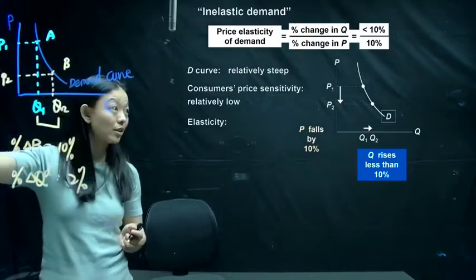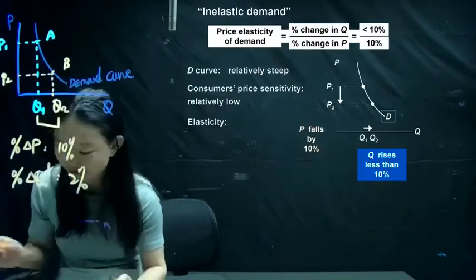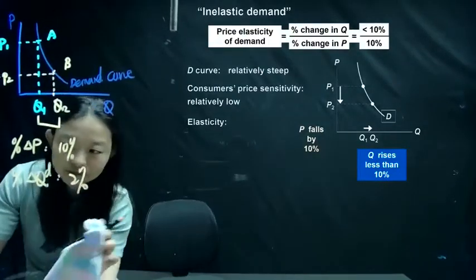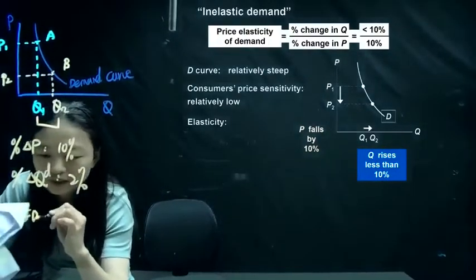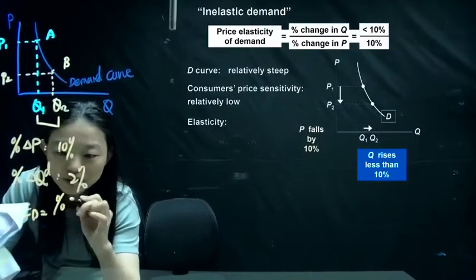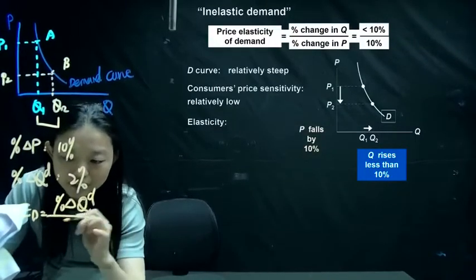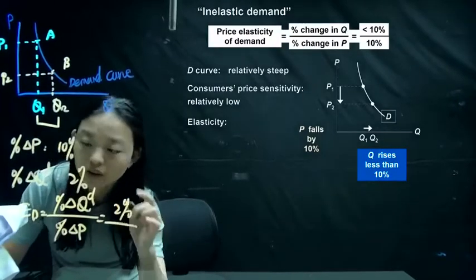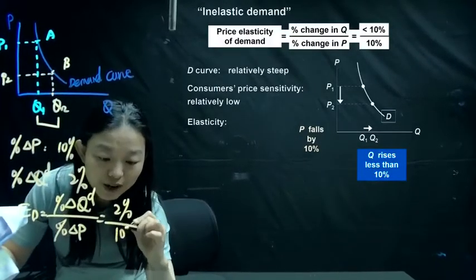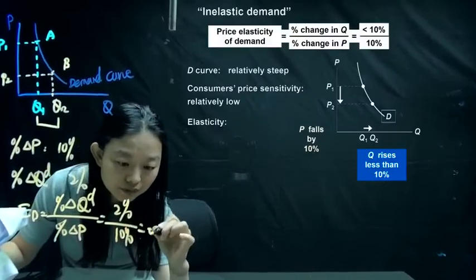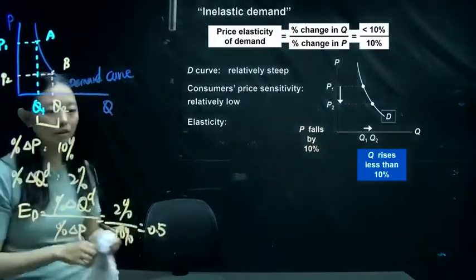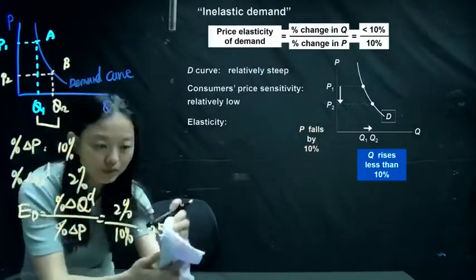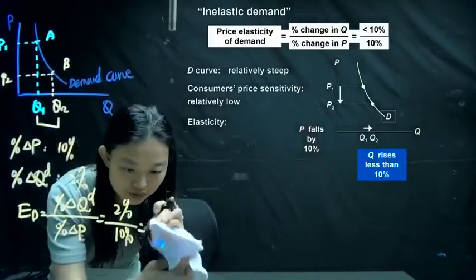However, the price change a lot. Therefore, we have the price elasticity equal percentage change in quantity divided by the percentage change in price. Okay, equal 2% divided by 10%, so 0.2, sorry, not 0.5, 0.2.